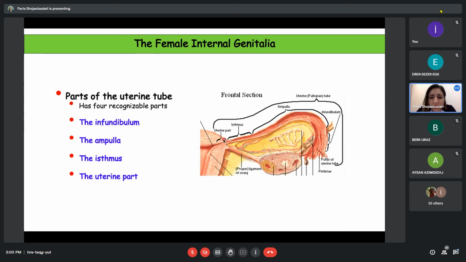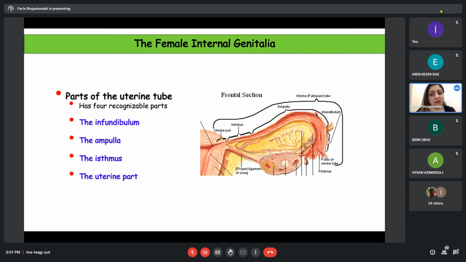Then it continues as the isthmus part, ampulla part, and infundibulum part. Generally, in the body, where the internal diameter of a tube suddenly increases, that part is named an ampulla.